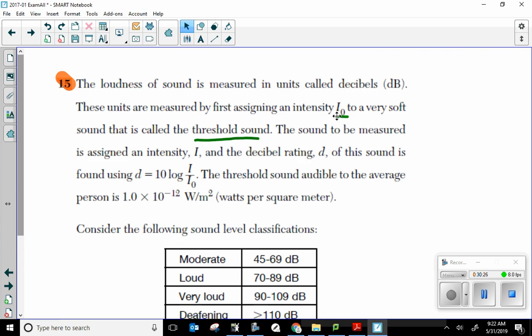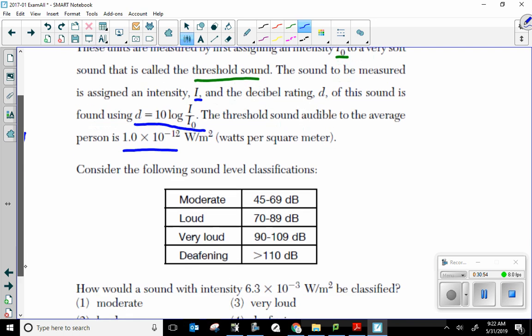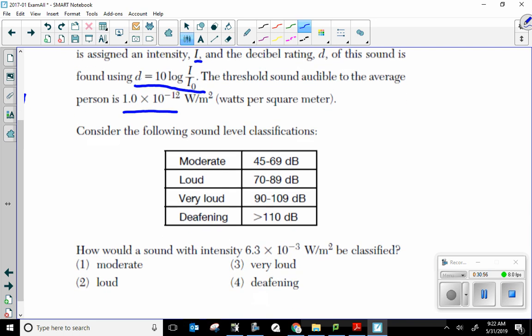The sound to be measured is assigned an intensity, I, and the decibel rating, D, for this sound is found by using this: D equals 10 times the log of I over I sub O. The threshold sound audible to the average person is 1.0 times 10 to the negative 12 watts per square meter. Consider the following levels of classification: moderate, loud, very loud, and deafening. They all fall under these decibels.